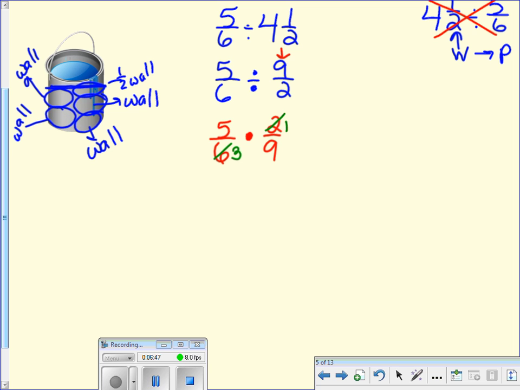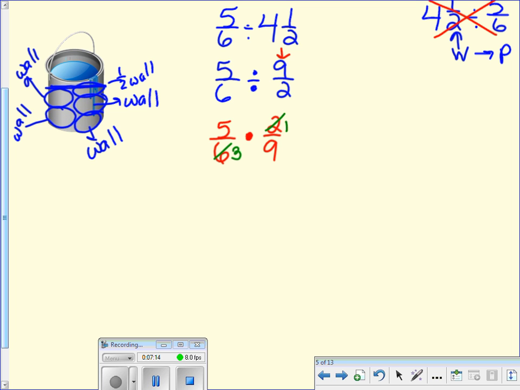Who wants to stop me and ask where the 2 came from, where the 1 came from, where the 3 came from? Because dividing by 9/2 is the same thing as multiplying by 2/9. That's what we saw in the model yesterday. Remember, keep, change, flip? But we don't like to say keep, change, flip anymore. So that's where that came from. Good question.